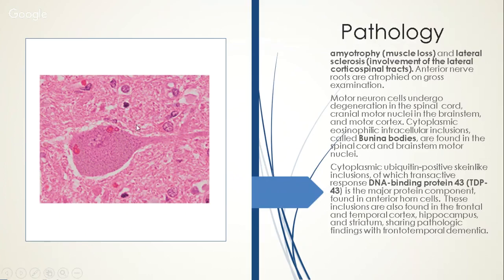As we can see in this picture, there are some eosinophilic granules, which were identified as Bunina bodies, which are like a ubiquitin positive inclusion body, merely an accumulation of a DNA binding protein identified as TDP43 that has been involved in RNA toxicity, leading to cytoskeletal degeneration, which in the end leads to degeneration of these motor neuron cells.